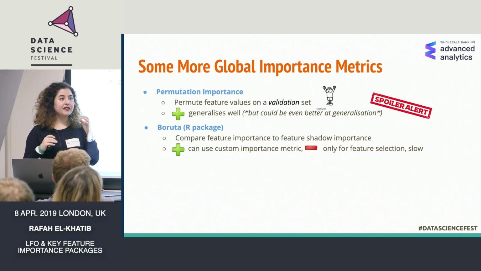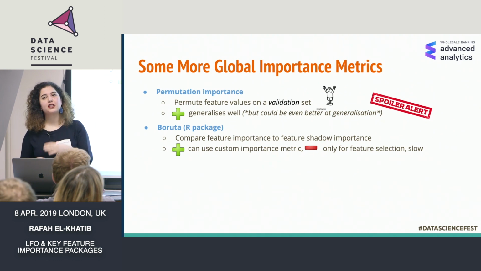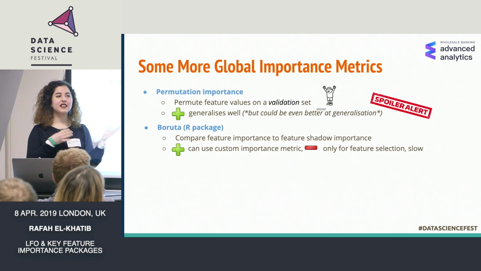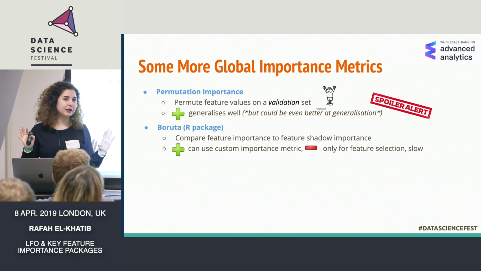So any original feature that has an importance much, much higher than this maximum importance of the shadow features is an important feature. Anything with a much lower importance is not an important feature. And anything in the middle, we can't label it so far, so we keep it on hold. We take out the labeled features, and we repeat the process.